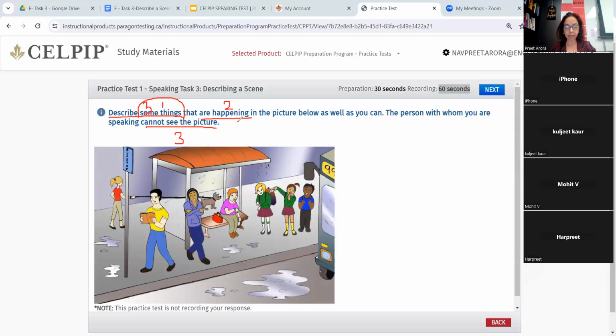Now we do not have am here because I'm not in the picture, but we will be using is going, is waiting, is smiling, is standing, is walking, or are waiting, are talking to each other. So basically we have ing with is and are. So these are the 2 elements that you need to understand.